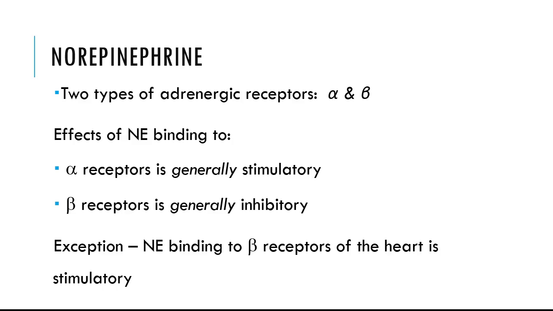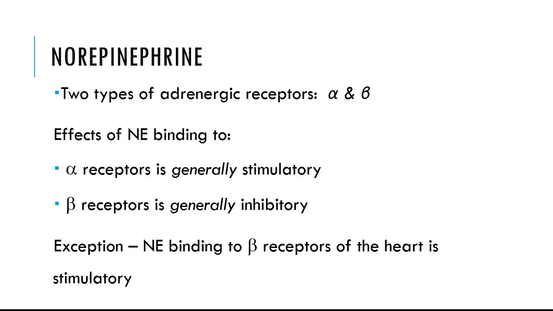We already kind of addressed norepinephrine. I said also, I can say epinephrine. We identified that there are two classes of adrenergic receptors. They're called alpha and beta adrenergic receptors. And here, never say never or always. So we can say, well, generally, norepinephrine, when binding to an alpha adrenergic receptor, is generally stimulatory.